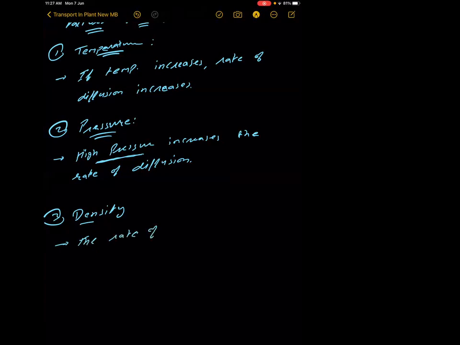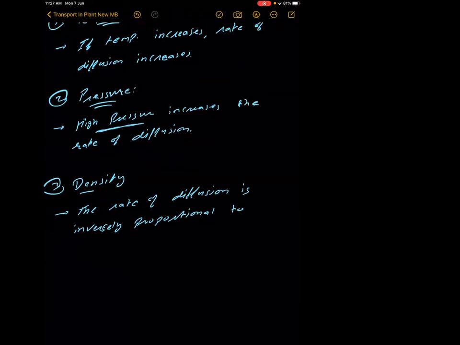The rate of diffusion is inversely proportional to the square root of the density of the substance.